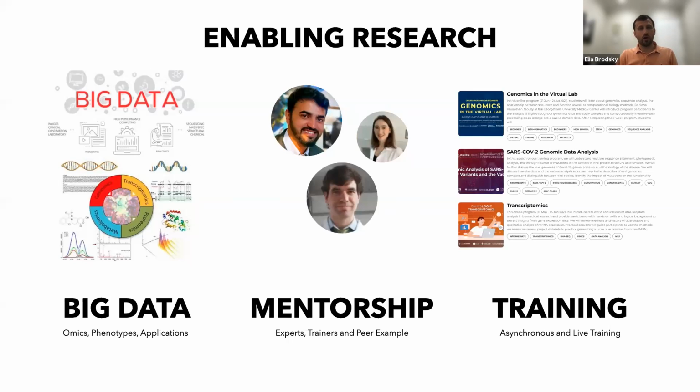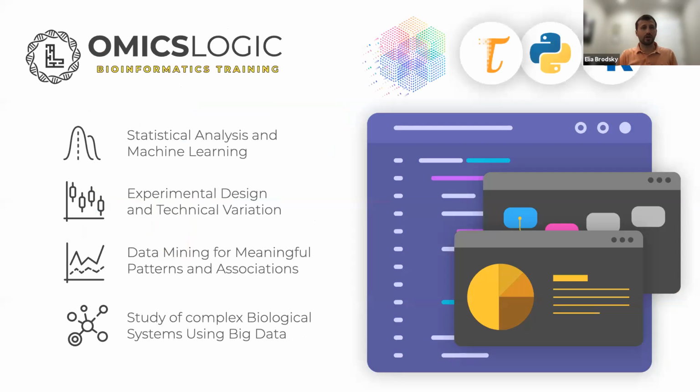So the reason why we call this OmicsLogic is because the data that we are describing here, genomic data, is just one of the omics data types that is becoming more and more useful and prominent in this field. And so OmicsLogic combines different user-friendly tools, including different methods of statistical analysis and machine learning.